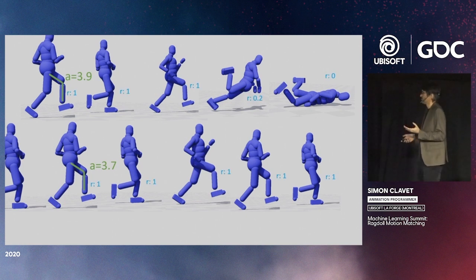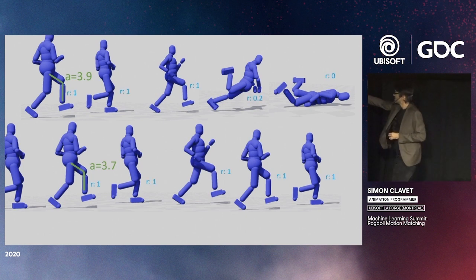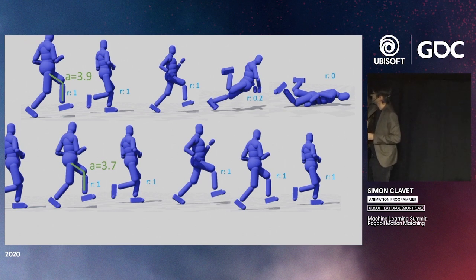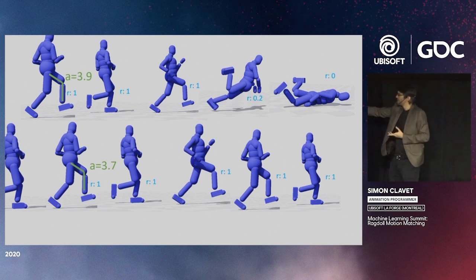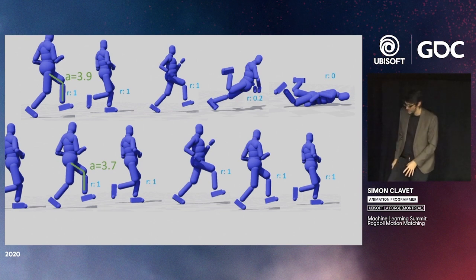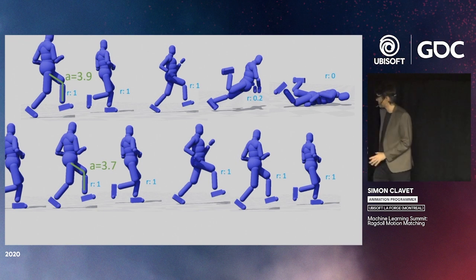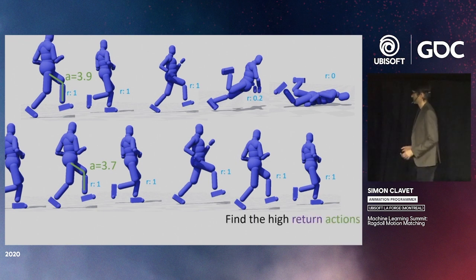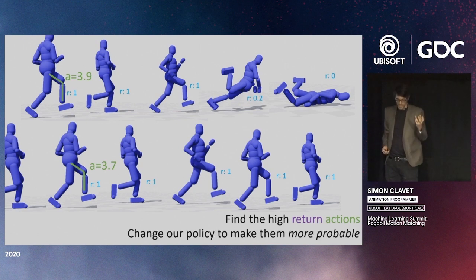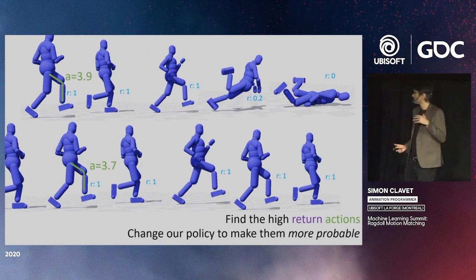You see the returns after the 3.9 got to 0 because he fell. So we like 3.7 better: in this state we should do this action. We don't care too much about what this action means. Maybe it's a torque, maybe it's a motor activation in the knee or something, deciding to put the foot somewhere else to avoid falling. So we're going to find the high return actions and change our policy to make them more probable. So there's two things we need to think about now.